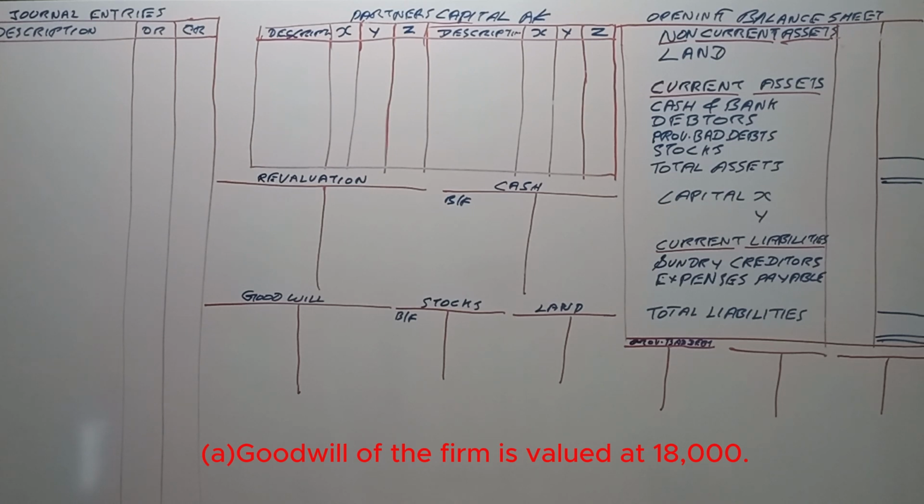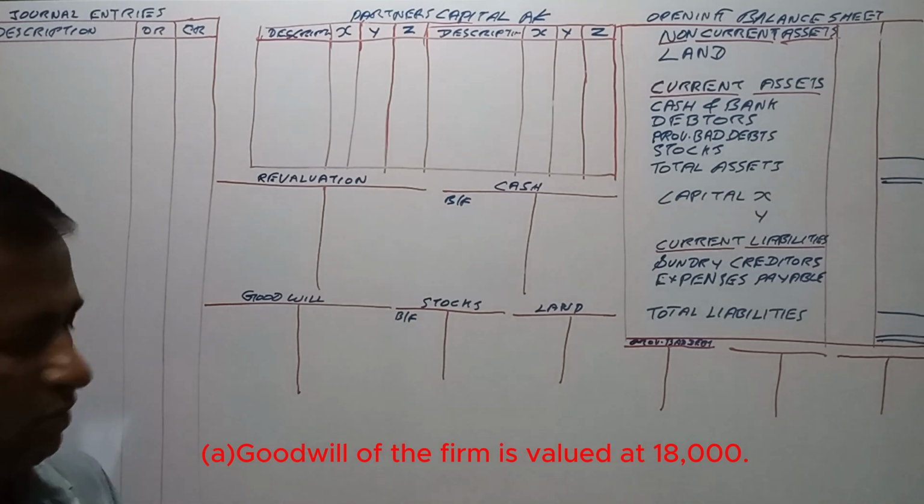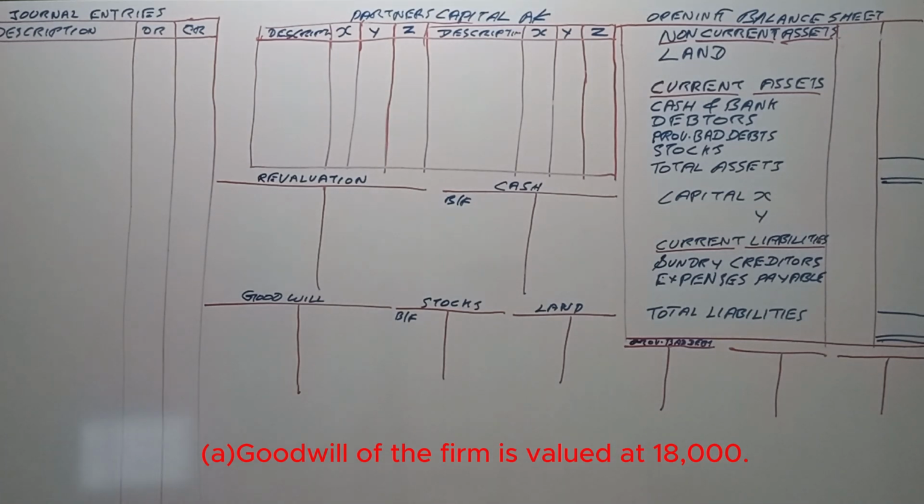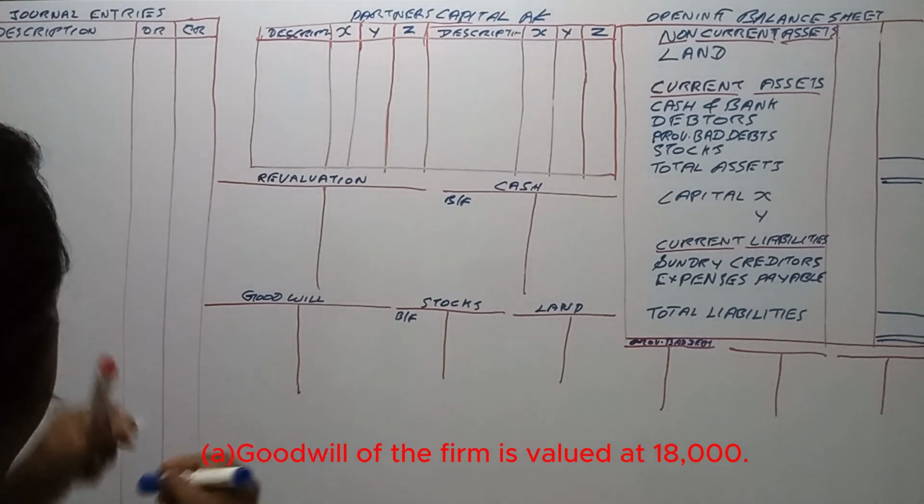Goodwill of the firm is valued at 18,000. What is the double entry for goodwill?